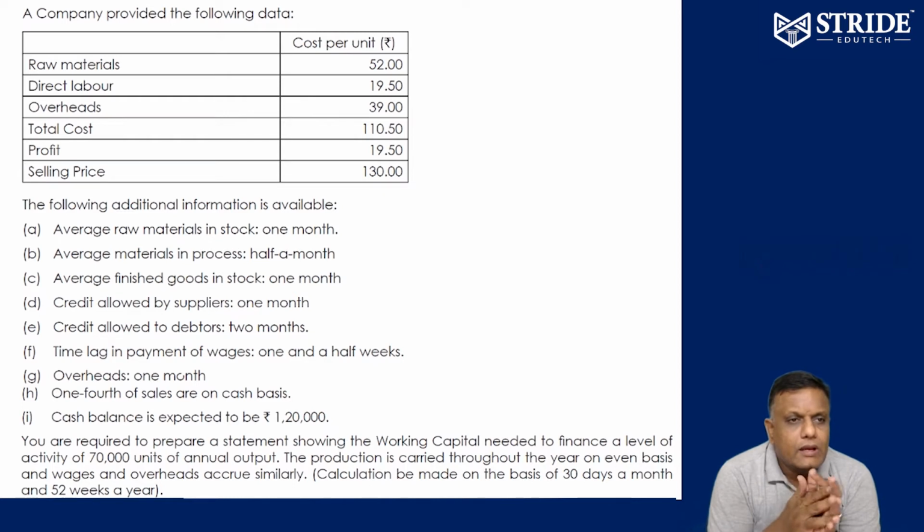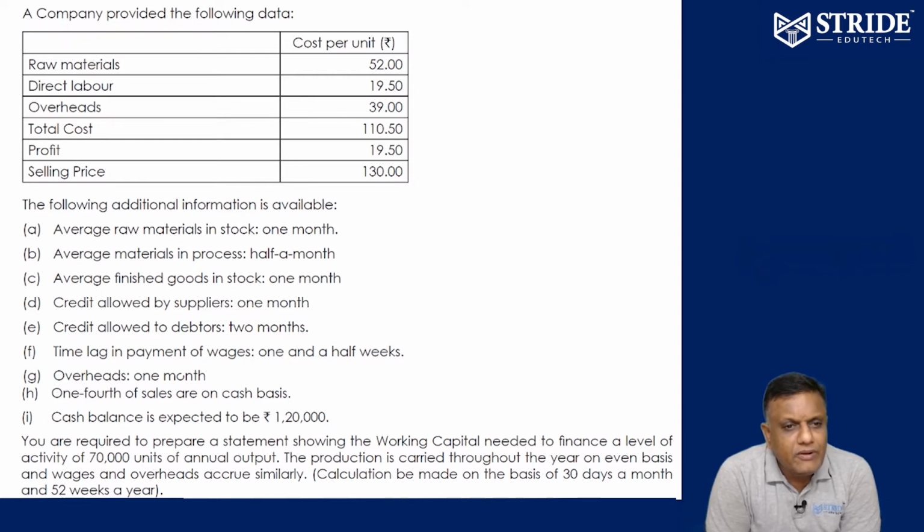Let's see. The company provides the following data: raw material 52 rupees per unit, direct labor 19.5 per unit, overheads 39 per unit, total cost 110.5, profit 19.5 rupees. Just add, you will get selling price 130.